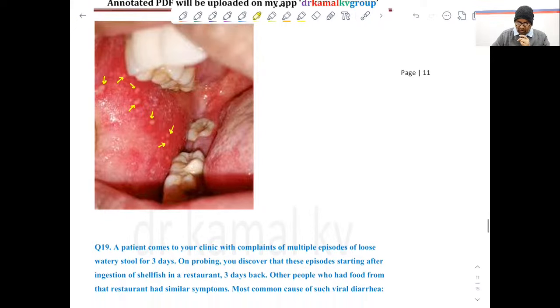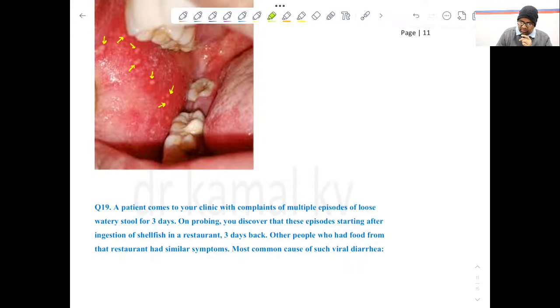Right? Moving forward, a patient comes with complaint of multiple episodes of loose watery stools for 3 days, and then there is a past history of ingestion of shellfish in a restaurant, and other people who consumed shellfish also developed the same symptoms. Now what is the viral cause of this presentation?